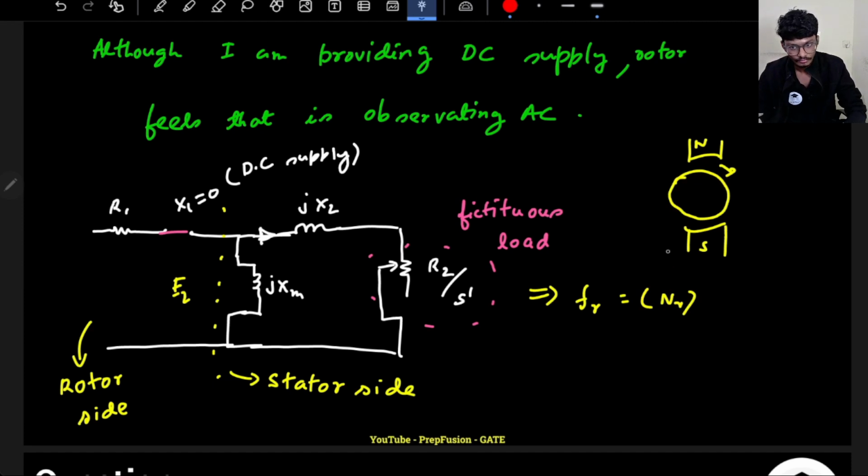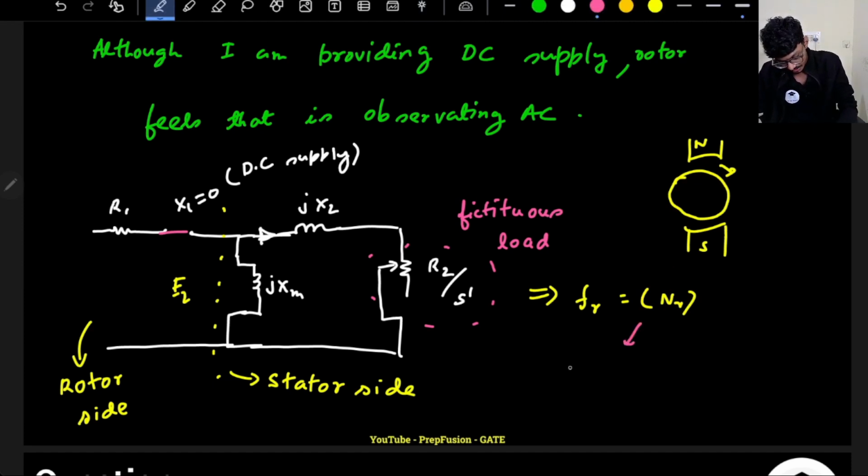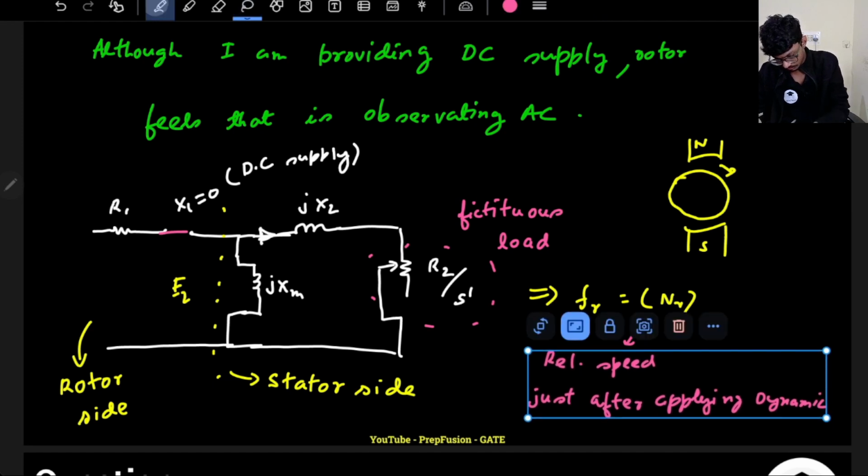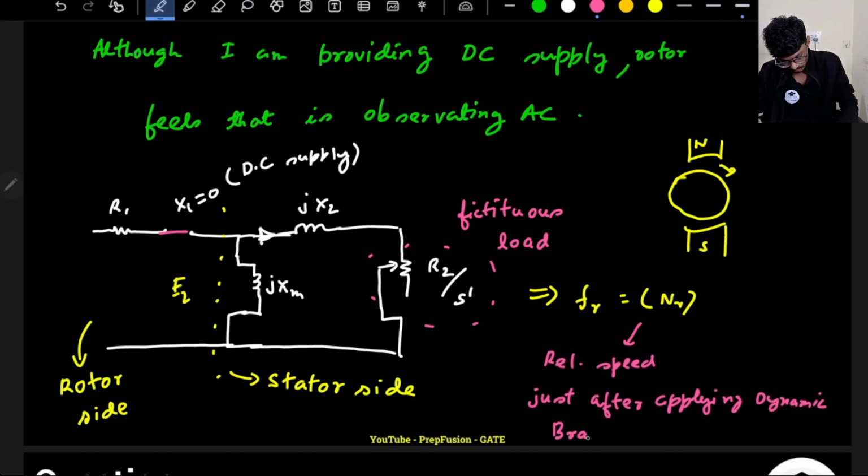Okay, so this is relative speed just after applying dynamic braking.